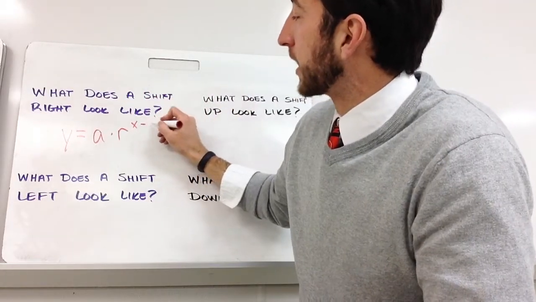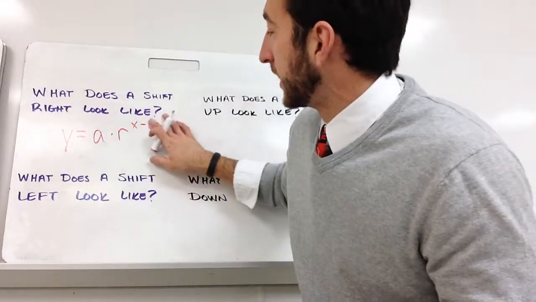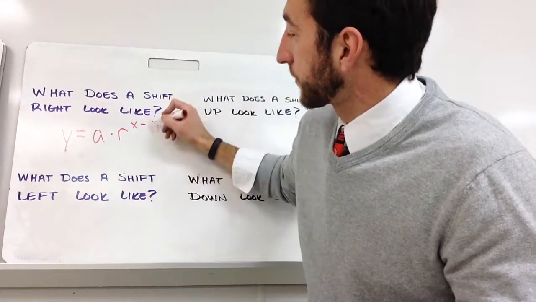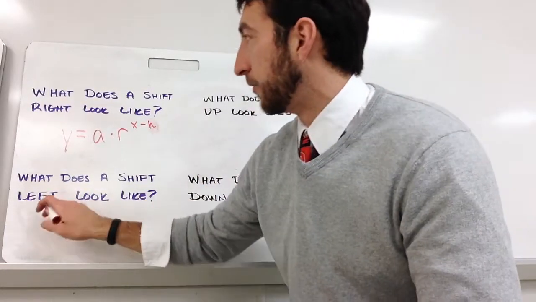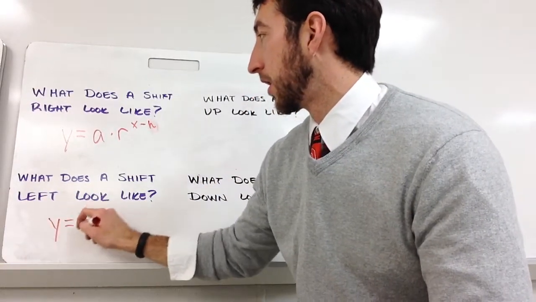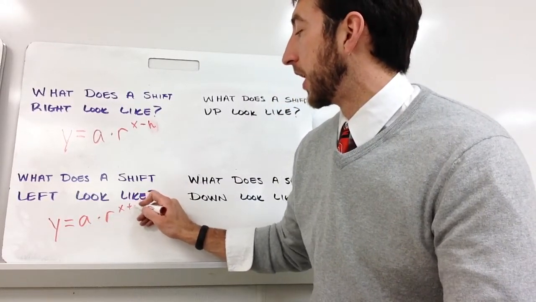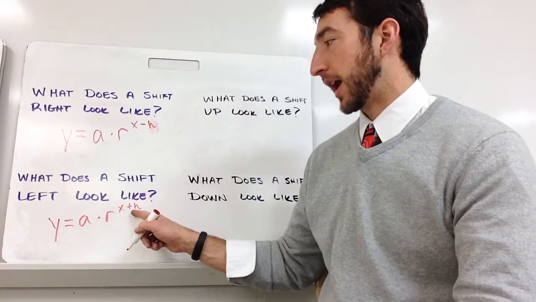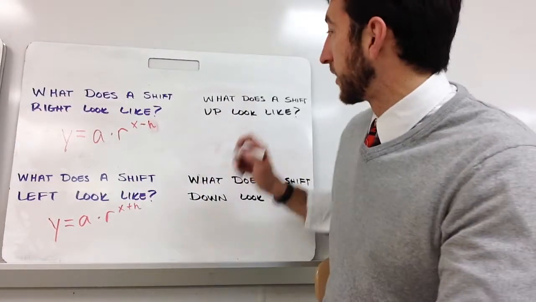So if I subtract an h, for horizontal, it's going to move to the right. If I move it to the left, it's going to be all the exact same, except I'm going to add h. So remember, adding goes to the left, subtracting in your exponent moves it to the right.